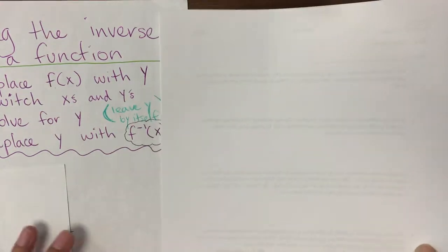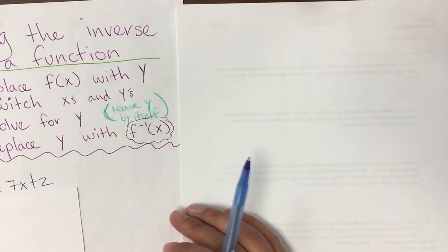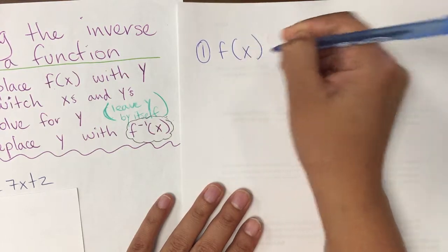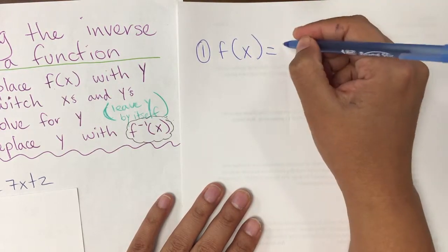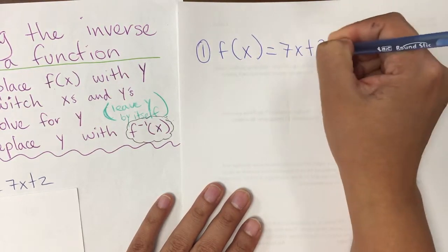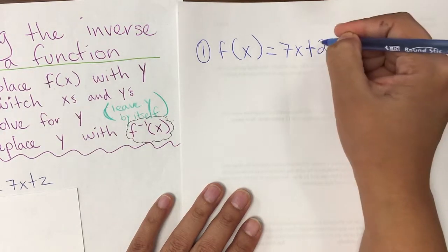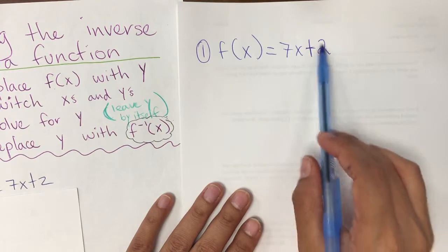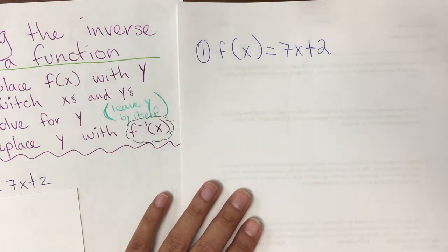Okay, so let's start finding the inverse function of the first one. Number 1 is f of x, that's my regular function, equals 7x plus 2. I want to find the mirror image of this, basically the inverse function of that.